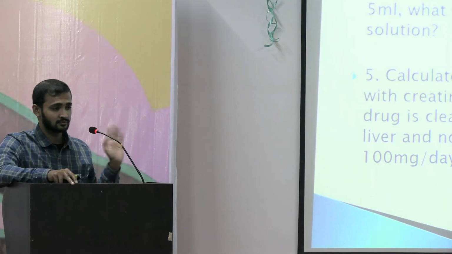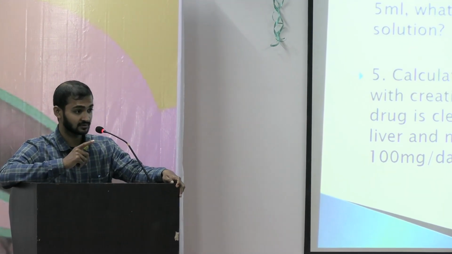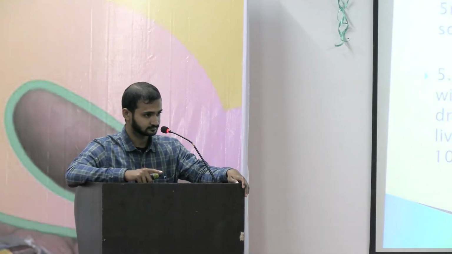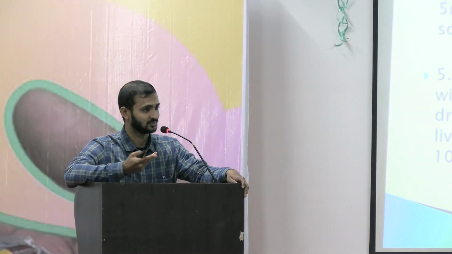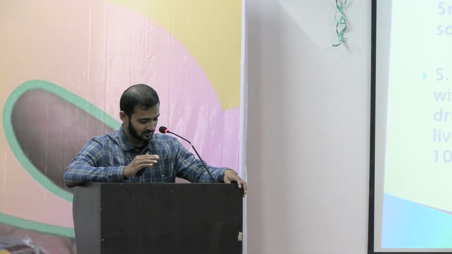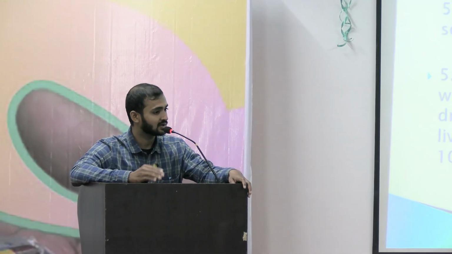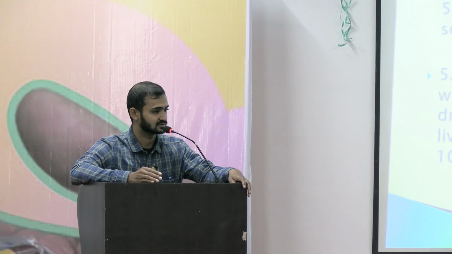This is not the ratio. I told you, you have to express in values. What is the formula for the ratio? The formula for ratio is creatinine clearance of the patient divided by normal creatinine clearance.